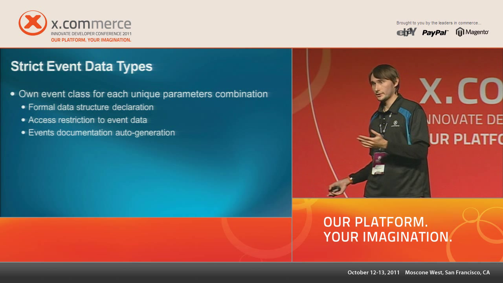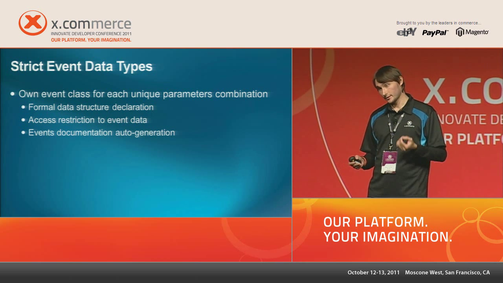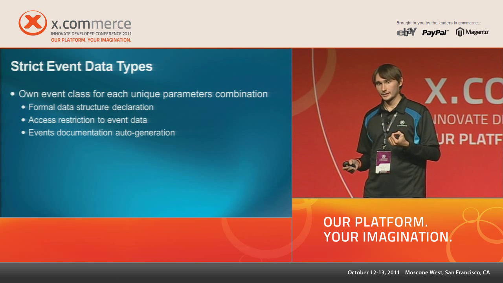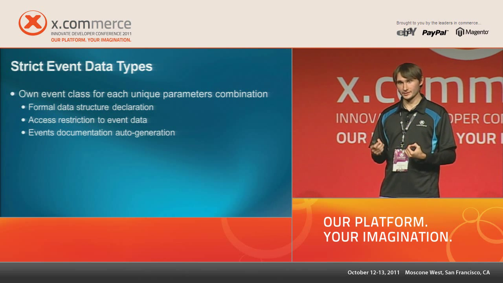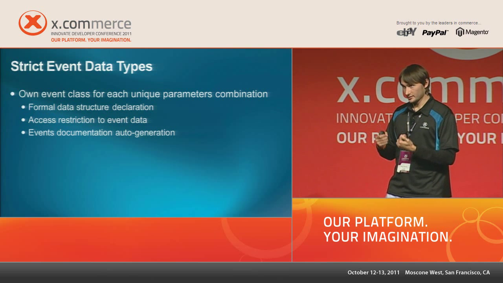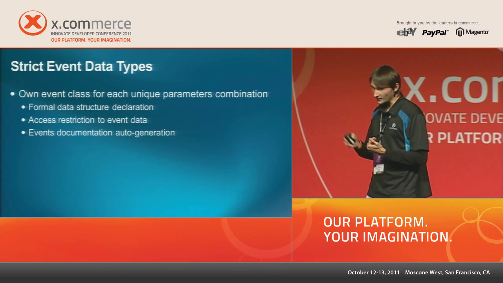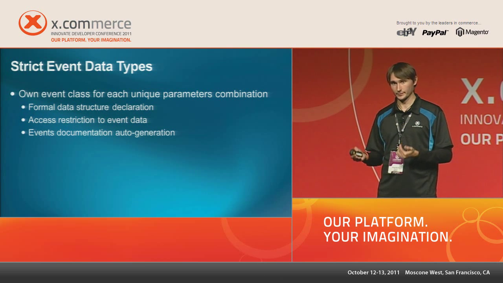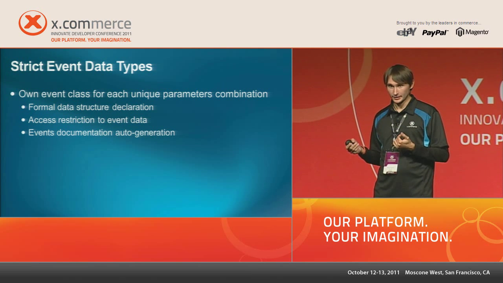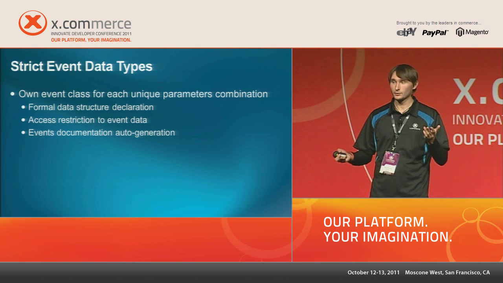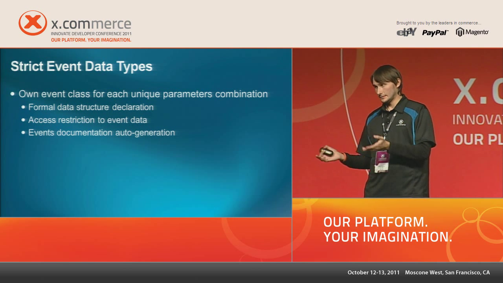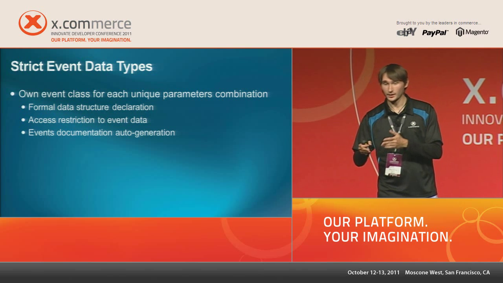You can add new data, you can modify it, but the downside is that it complicates understanding and debugging, because you don't see the actual fields. When you're implementing your event handler, you have to look and find this event dispatching point and figure out what parameters you can use, what is available.